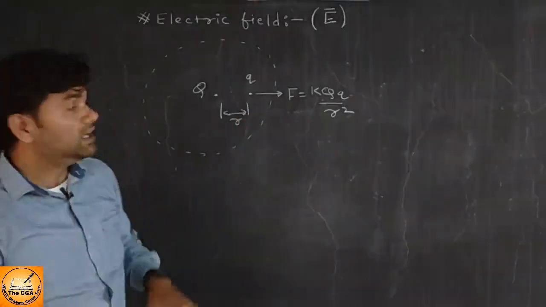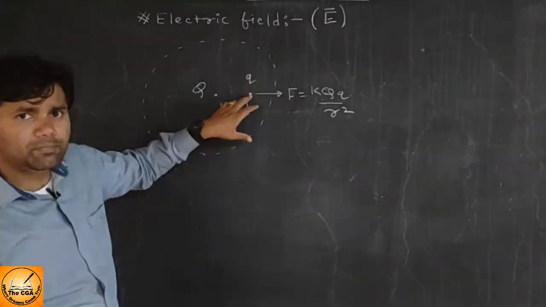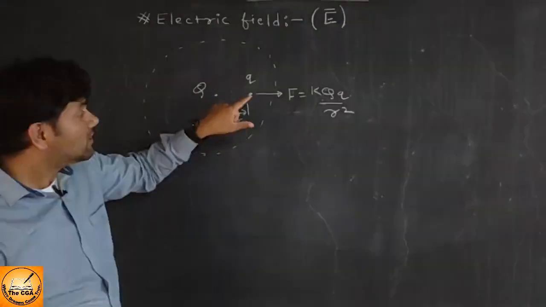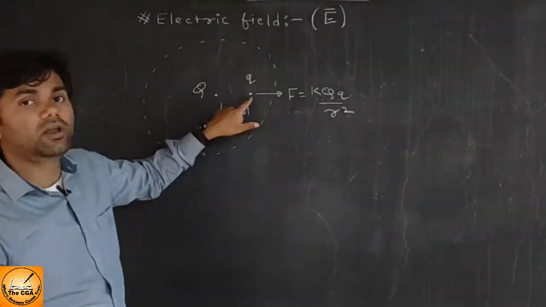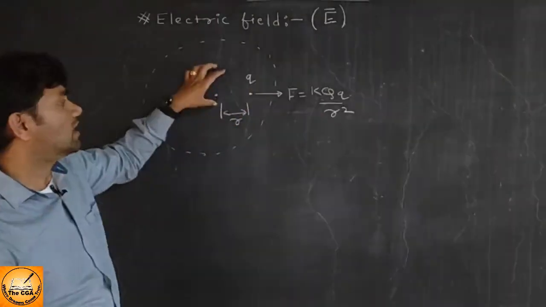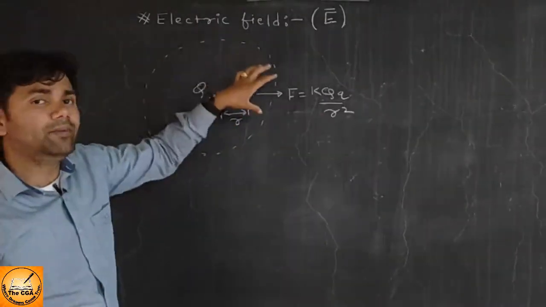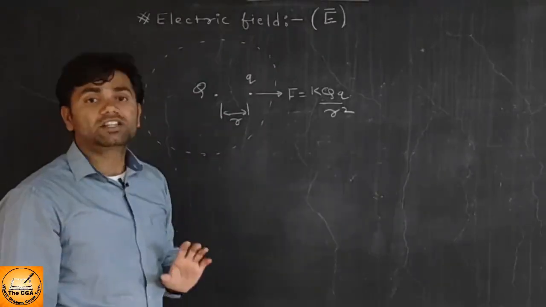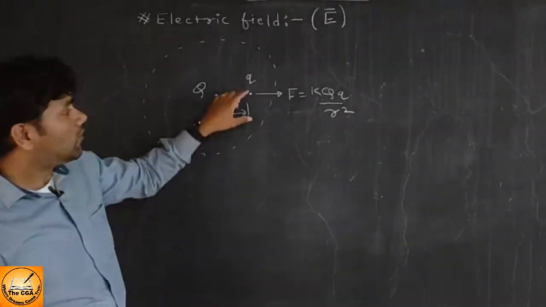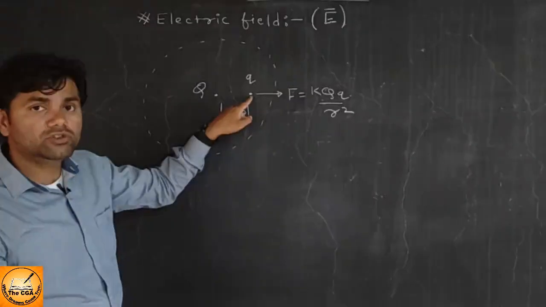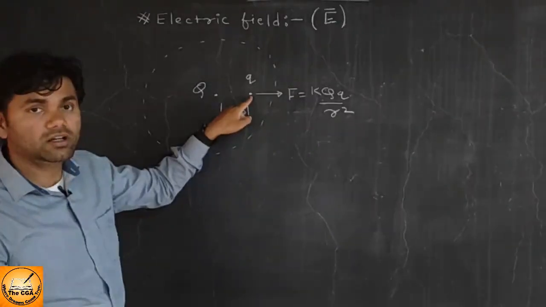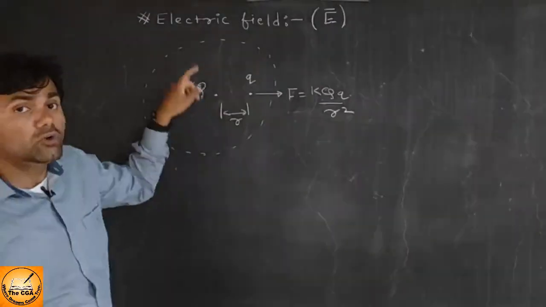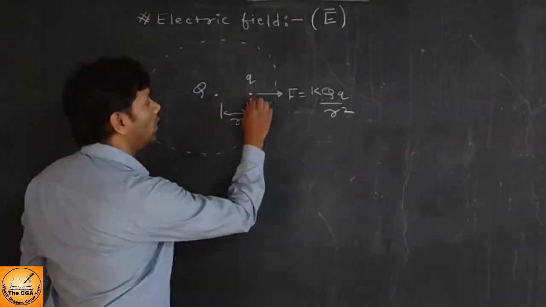Whether this Q charge is present or absent here, it doesn't matter. Whether this small q charge is present or absent, it doesn't matter for this charge. It will always have the ability in this region to attract or repel other charges, right? Whether this small q charge is present or absent over here, it is not going to change the ability of this Q charge to apply the force at this point.